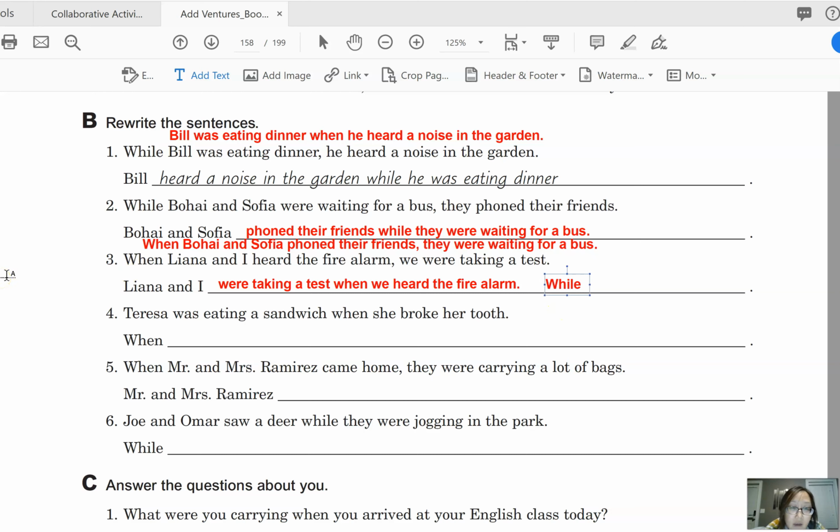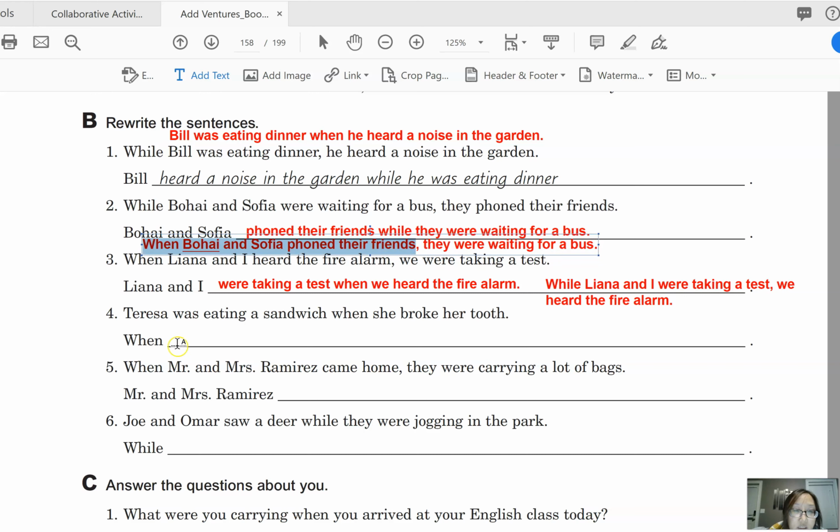While Liana and I were taking a test, we heard the fire alarm. Okay? And again, as I mentioned, you can put the adverb clause in the back. But then if you do that, you do not need a comma. No comma. Okay? And same here. You can say Bohe and Sophia were waiting for a bus when they phoned their friends. So same thing. You can put this adverb clause in the back, but no comma.